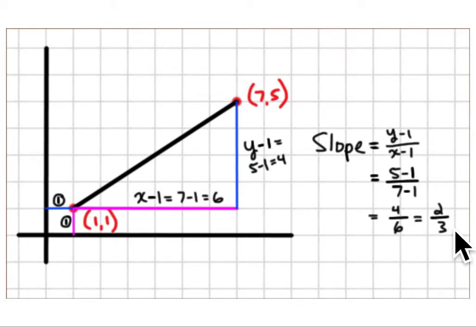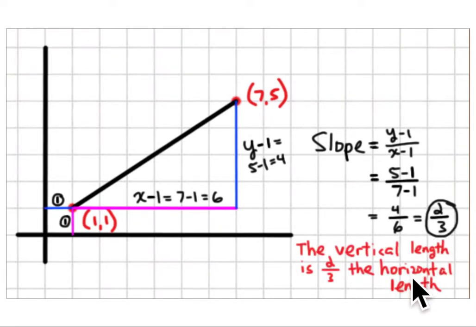That allows you to write the equation. The relationship of y minus 1 to x minus 1 is 2/3. The vertical length is 2/3 the horizontal length. That's what this is in words. Whatever the vertical length is that you're given, it is going to be 2/3 of the horizontal length that goes with it, as part of the same slope triangle.